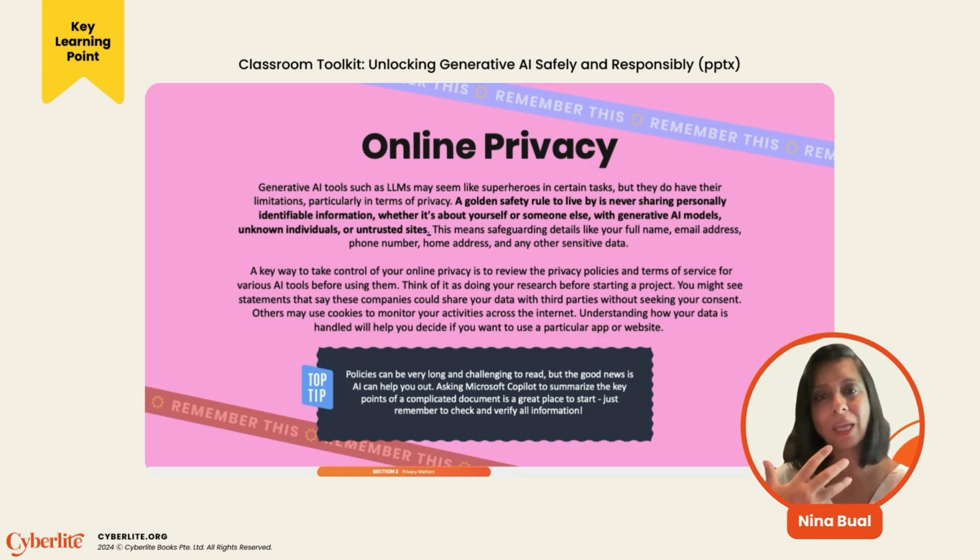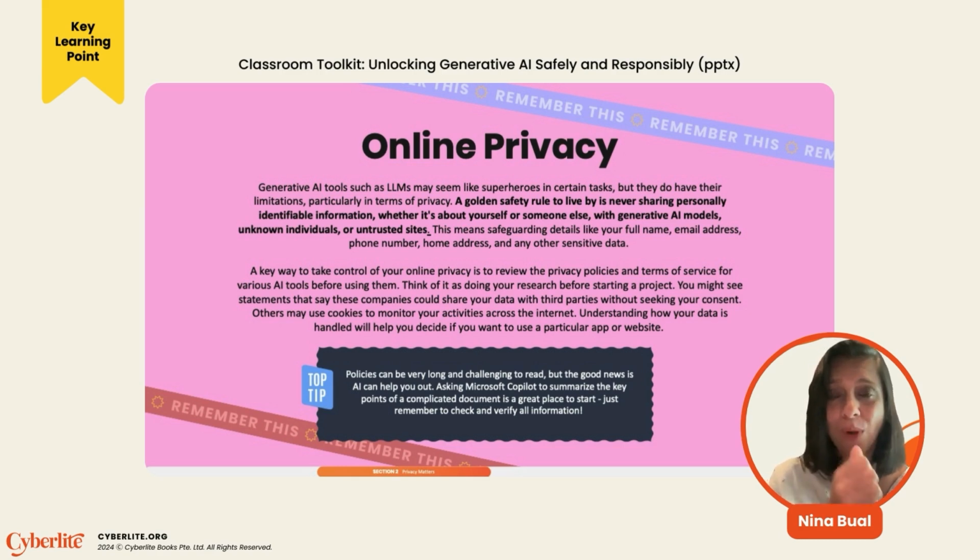As generative AI gets bigger, you can search your app stores, your Google Play stores. You'll see that there are a lot more tools coming out, and we cannot always be sure what is happening to our data, which third parties will have access to our data. So we need to monitor what we are putting into tools and ensure we can decipher what is private information and what is public information.